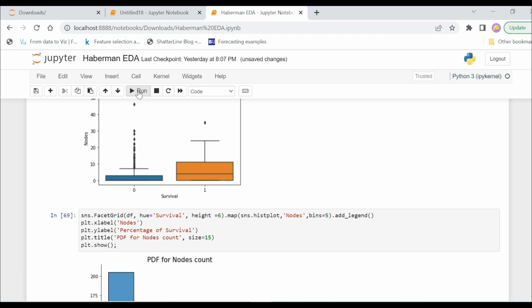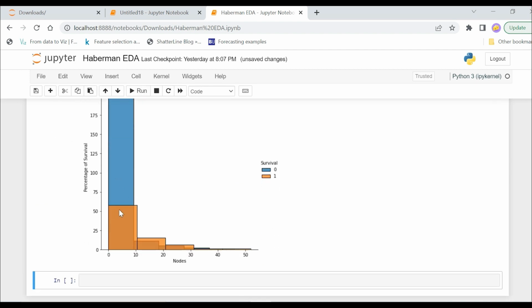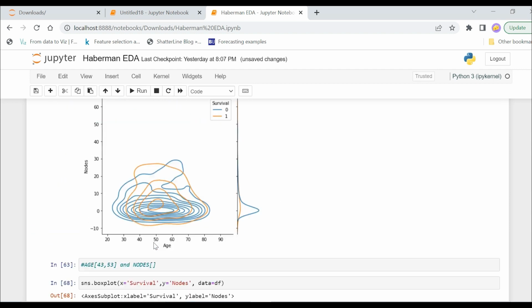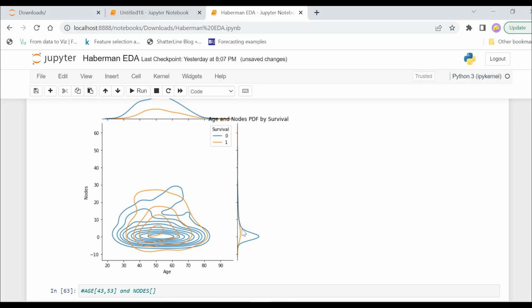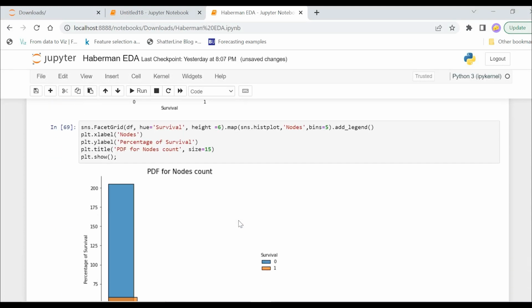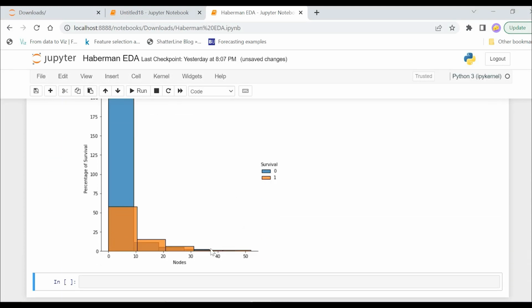I did not add it because from this joint plot I have already figured this out. There is a certain overlap, so KDE would have made it a little bit difficult to visualize. But here you can see before 10, this is 10, this is kind of 7 or 8. This part here.